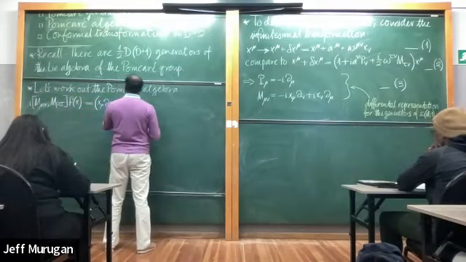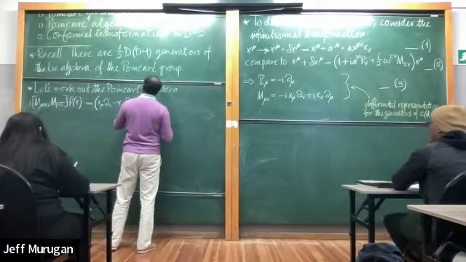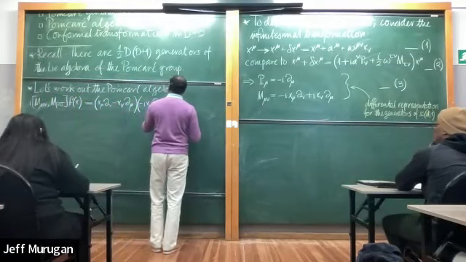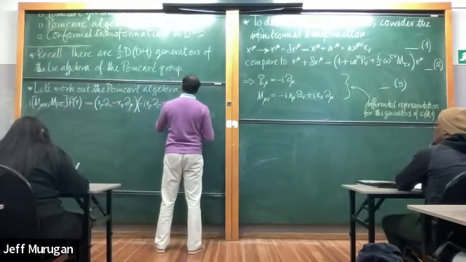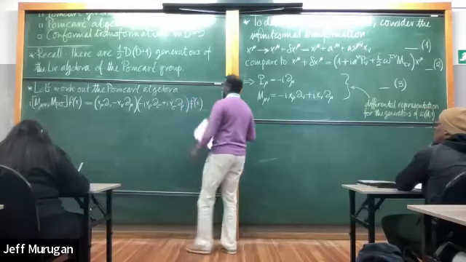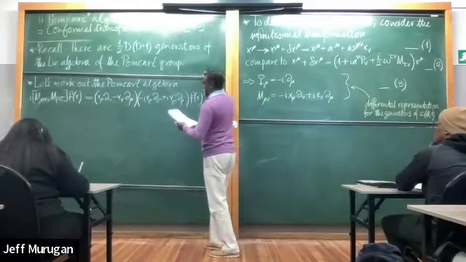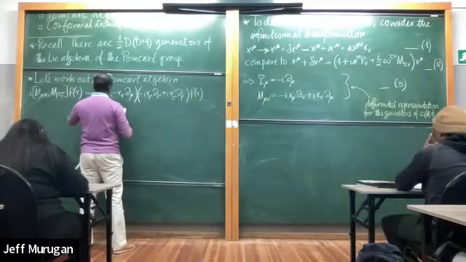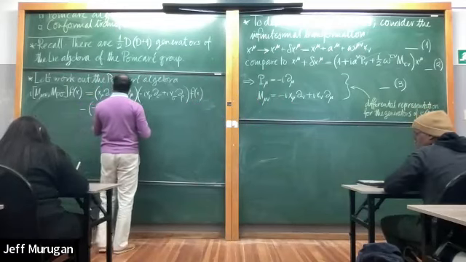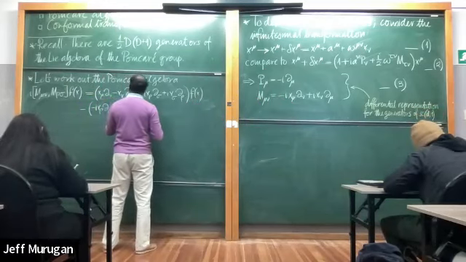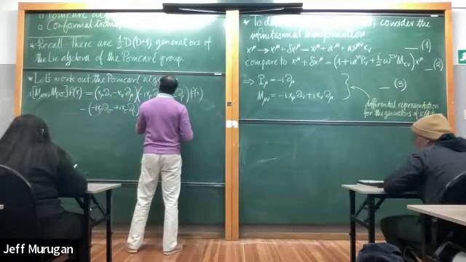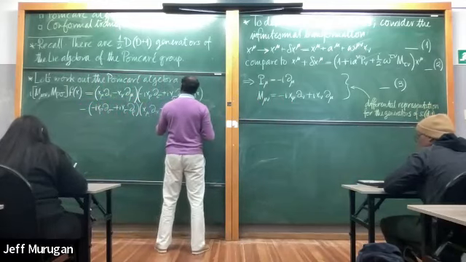So that's x mu d nu minus x nu d mu, operating on minus i x rho d sigma plus i x sigma d rho, acting on the test function, and then minus i x rho d sigma plus i x sigma d rho, acting with x mu d nu minus x nu d mu.